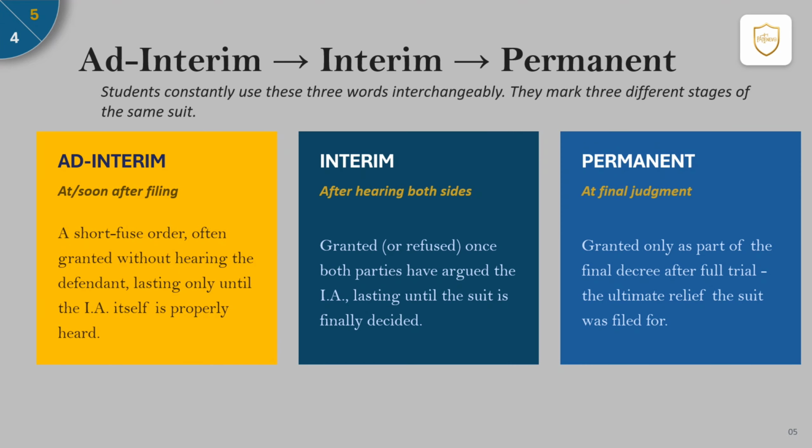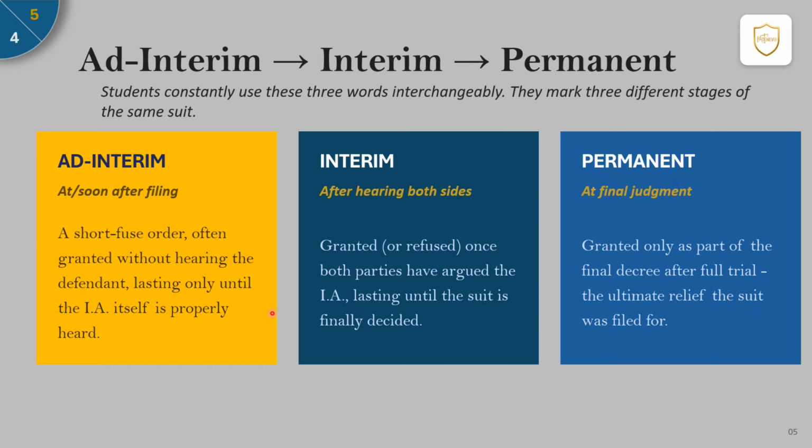Now, this is the slide I wish someone had shown me in my first year, because these three words get used interchangeably by students constantly, and they actually mark three completely different stages of the same suit. Ad-interim comes first and is often granted on or very soon after filing, sometimes without even hearing the defendant. It is a short fuse order that lasts only until the IA itself is properly heard.